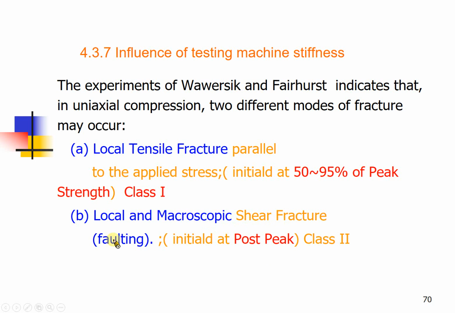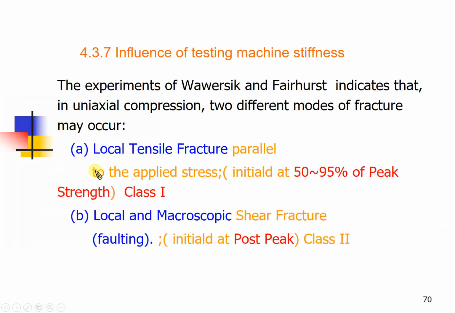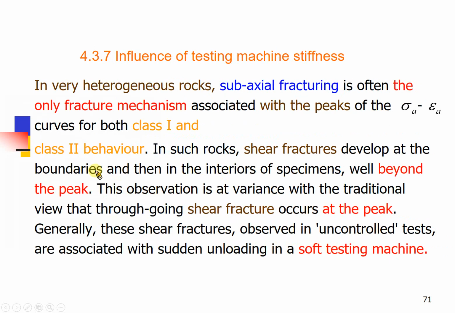So there will be the mechanism to have the different stress strain curves or different types. Okay, so the class 1 will be the local tensile fracture. This will be the local tensile fracture, and this will be the failure along some plane related to some shear fracture. Okay.